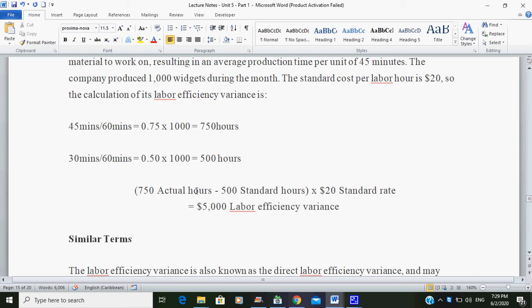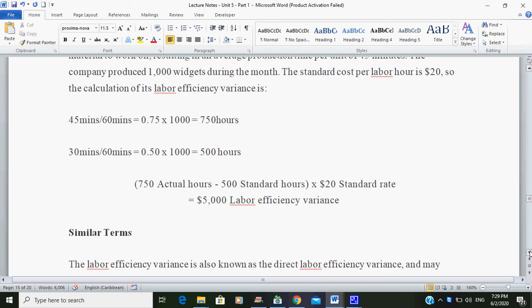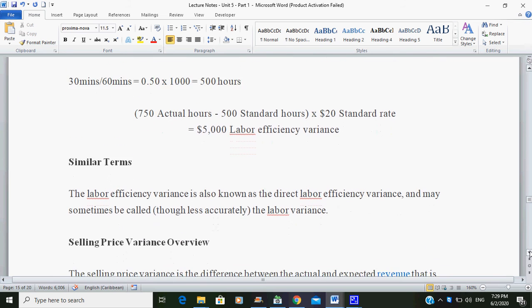An unfavorable variance means that the actual price was lower than the budgeted price. Good? Because selling price, you look at that, right? So the formula again is actual price minus budgeted price times actual unit sales.